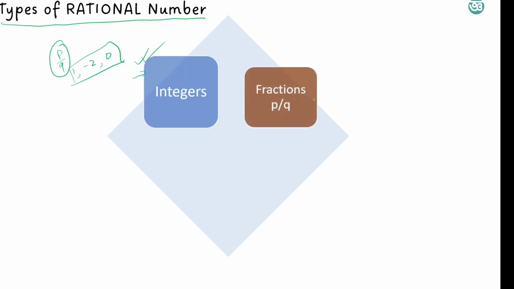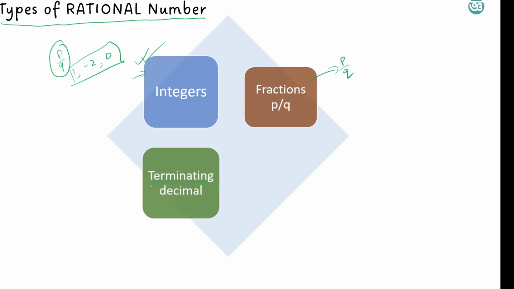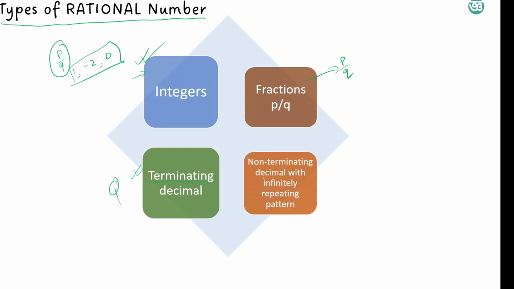Number two, fractions are already in the form of p upon q, so they are also rational numbers. In decimal form, terminating decimals are also rational numbers, and also non-terminating decimals with infinitely repeating patterns. So all are rational, but just their patterns are different.